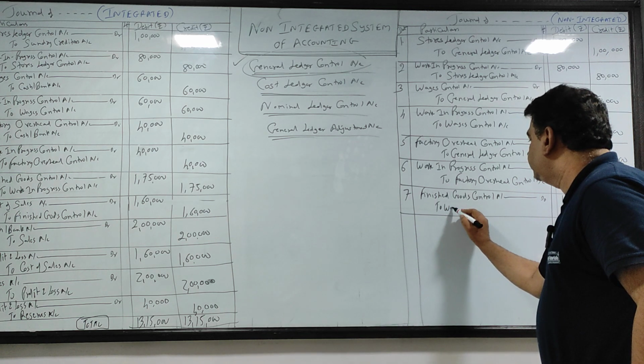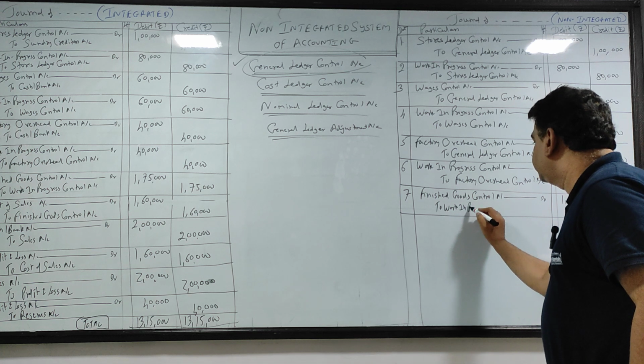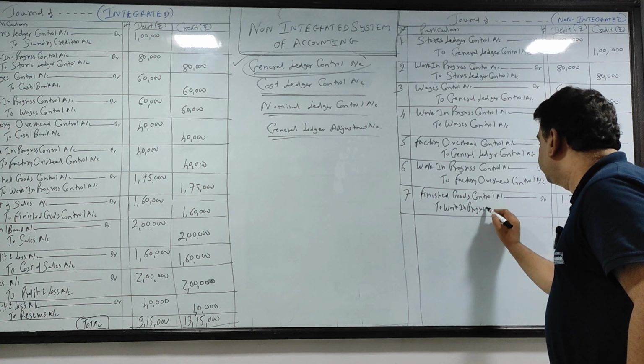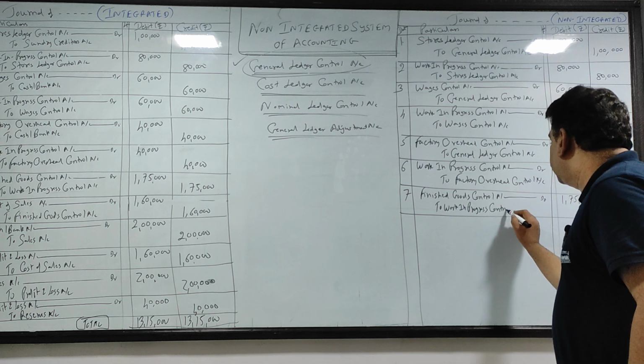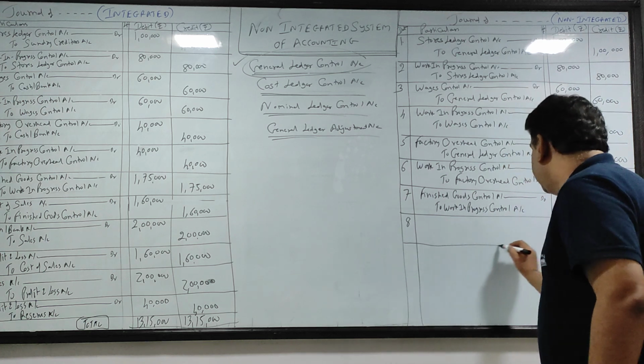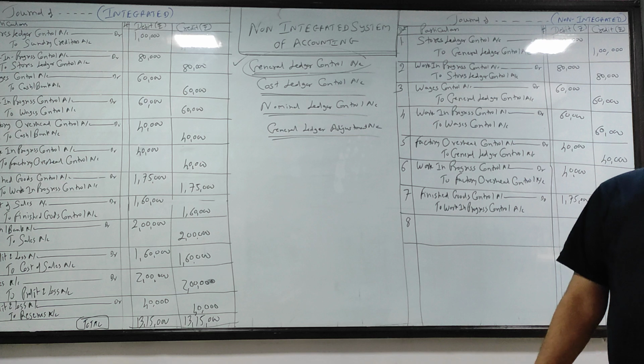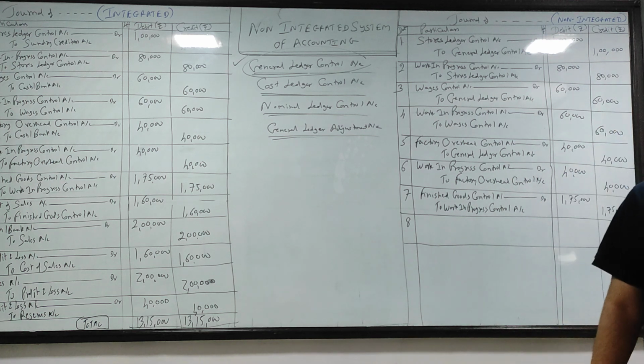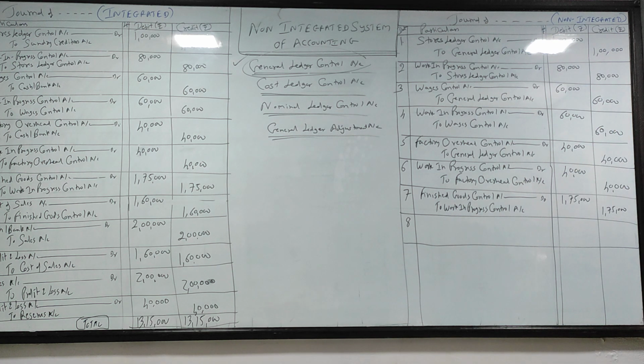So to work in progress control account 175. Finished goods control debit 175 to work in progress control account 175. Clear?